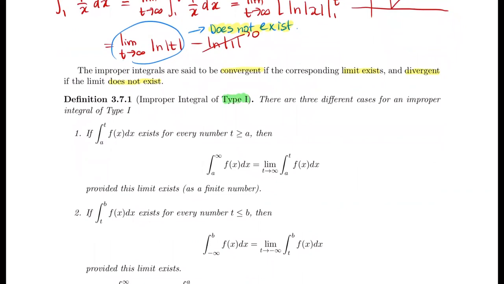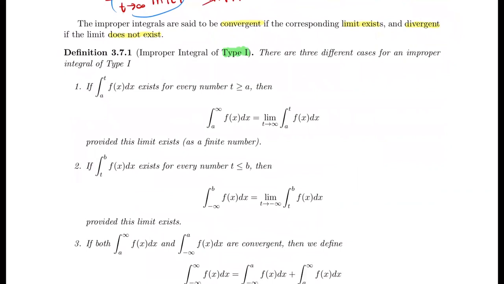We say that there are 3 different cases. The first one being that if the integral from a to t of f of x dx exists for every number t greater than a, then we say that the integral from a to infinity of f of x dx is equal to the limit as t approaches infinity of the integral from a to t of f of x dx, provided that this limit exists.